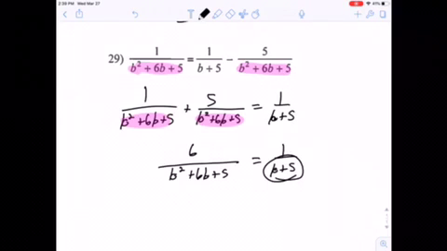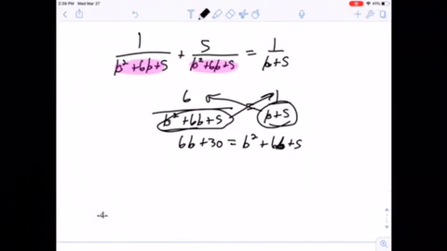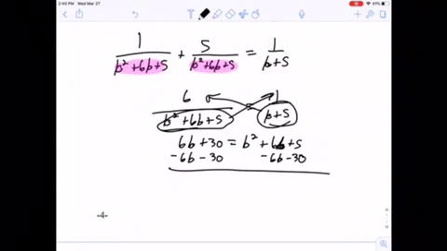Now we're going to do a cross multiply. B plus 5 times 6, that's 6b plus 30 equals, we take this times 1, this is going to be b squared plus 6b plus 5. Okay, now again we have a quadratic, so let's move this 6b and the 30 over to the other side.